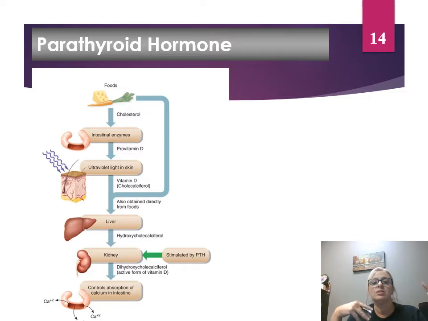It's not that you get your vitamin D, it's that ultraviolet light triggers the release of that vitamin D, or the absorption of that vitamin D, I should say, that we get directly from foods, but then we have to have the ultraviolet light in order to get it converted. It's going to be a provitamin or precursor in the skin, and then it needs to be activated, and so then it becomes the full vitamin. And so this is important for calcium absorption.